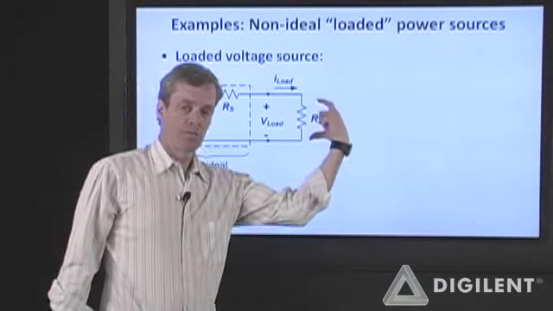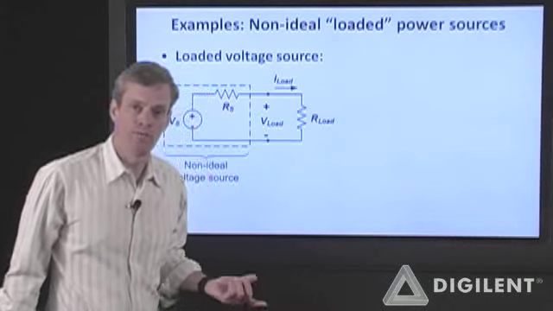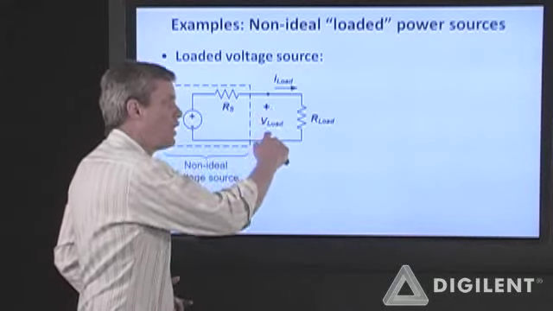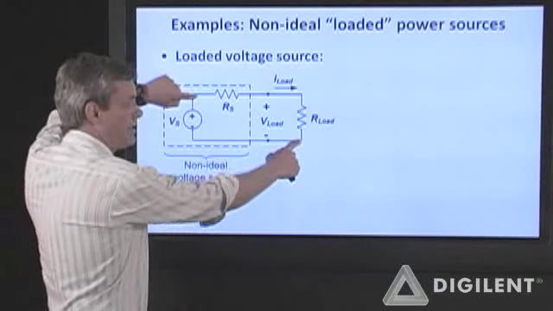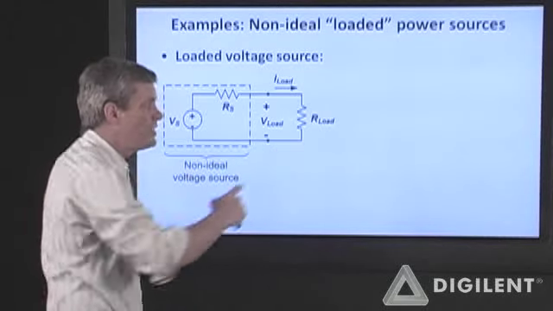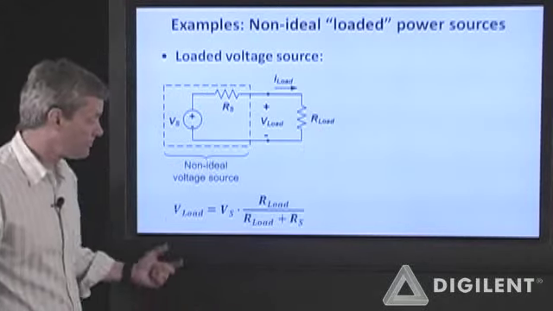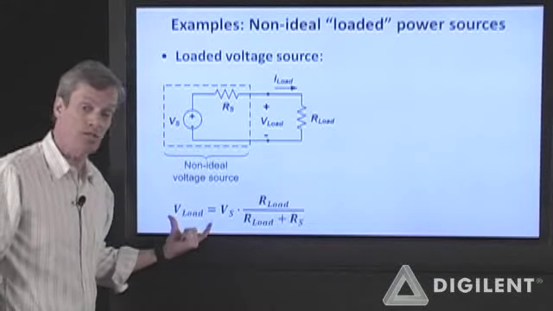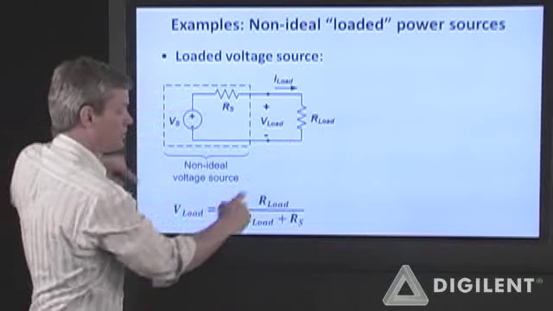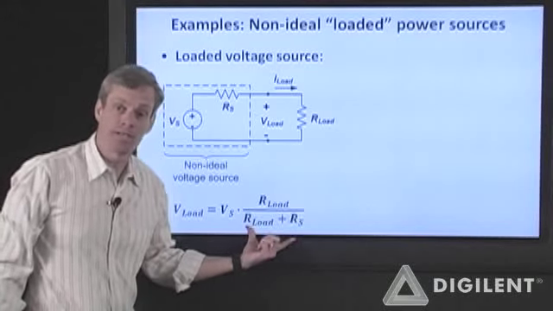If we're looking for a specific voltage in that series combination, we can use a voltage divider formula. So V load is simply the total voltage across this combination times the ratio of R load to the combination of R load and RS. So by inspection, without doing any additional analysis, we can just claim that V load is this voltage times R load over R load plus RS. It took us a while to get to that result before.